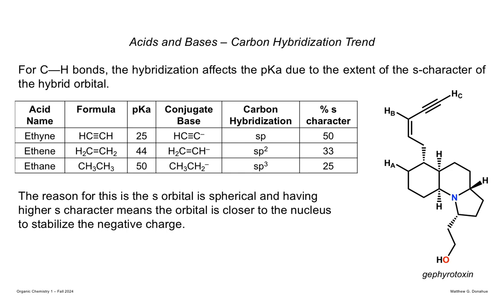And so let's just identify them. So HC, that's an alkyne. HB is an alkene. And then HA is an alkane.